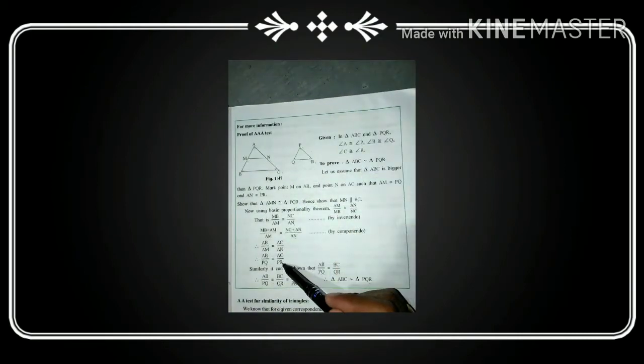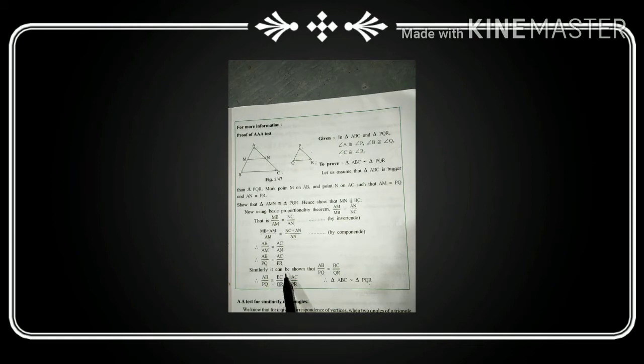Here also, instead of AN, PR is there. Similarly, it can be shown that AB upon PQ is equal to BC upon QR. Now, in this way AB upon PQ is equal to BC upon QR is equal to AC upon PR, which means triangle ABC is similar to triangle PQR.